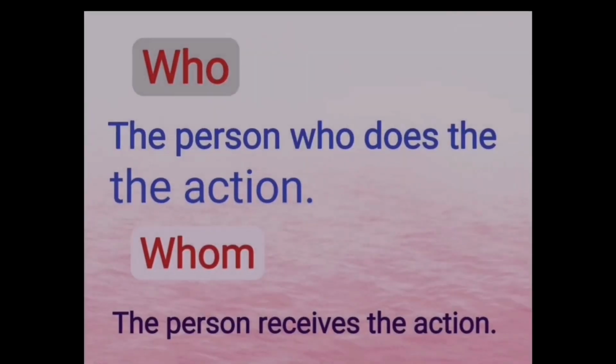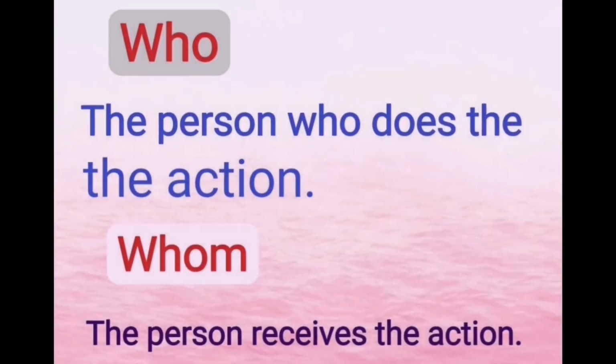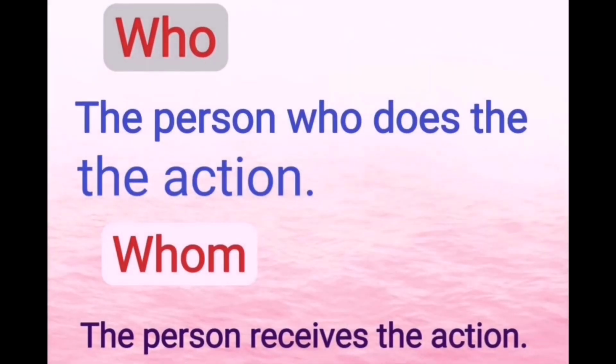Here we are. We have who, the person who does the action. So who refers to the person who does the action, while whom is used to define the person who receives the action.